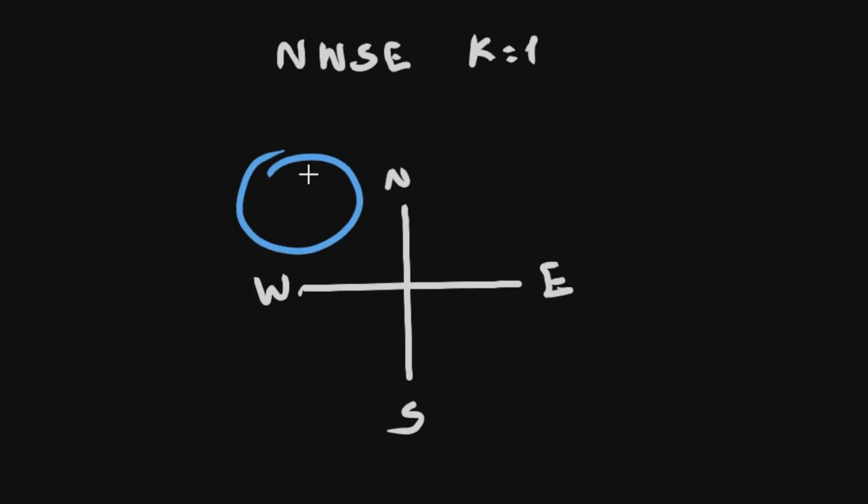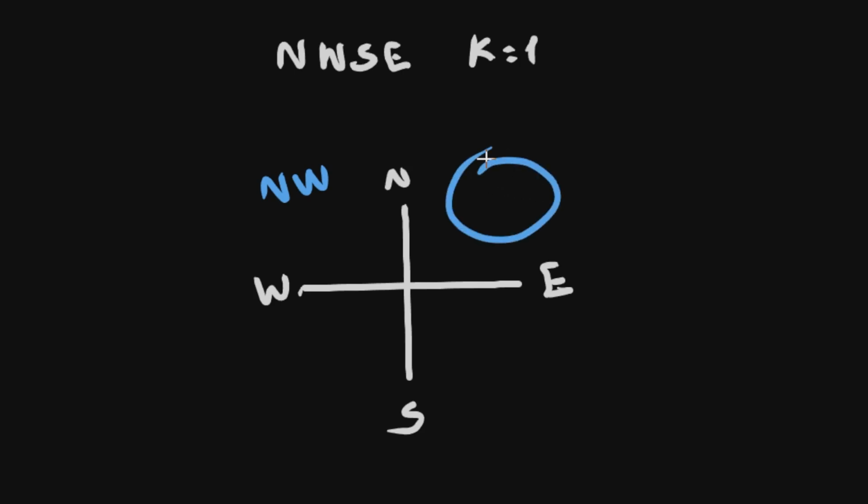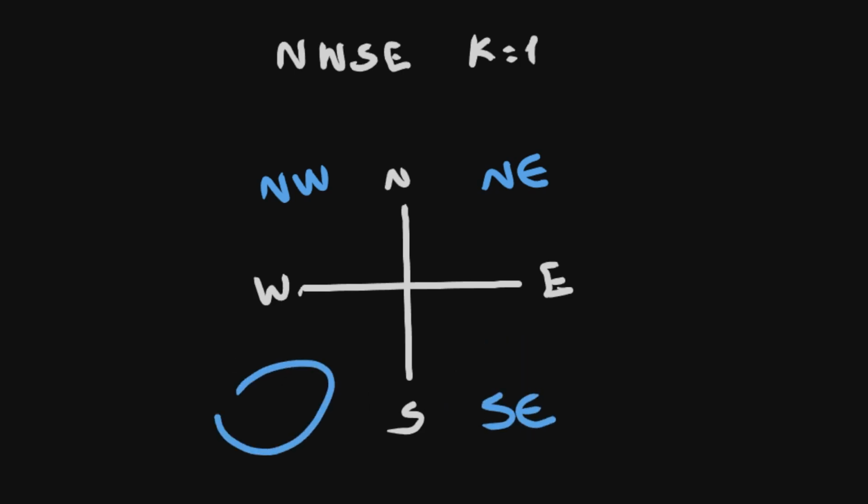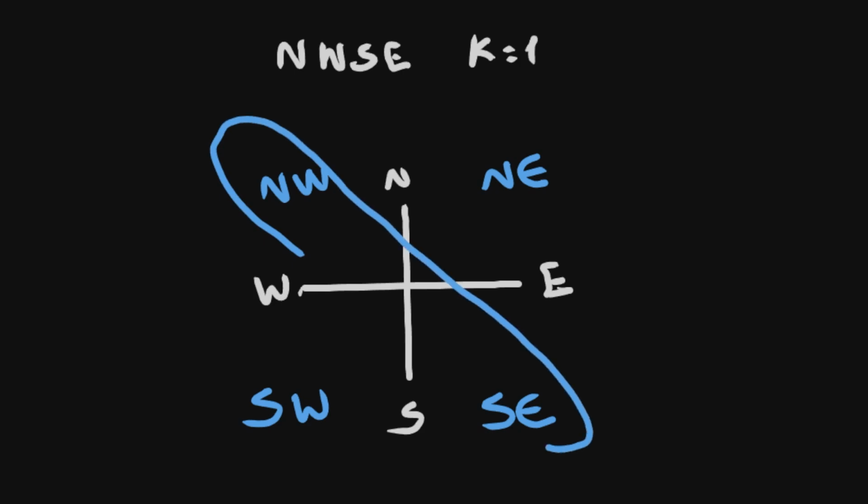Here in this space, we can move to the north and the west. Here, we can move to the north and the east. Here, we would be moving to the south and the east. Here, we will be moving to the south and to the west. And by doing this, now we have only 1 pair of opposite forces here.